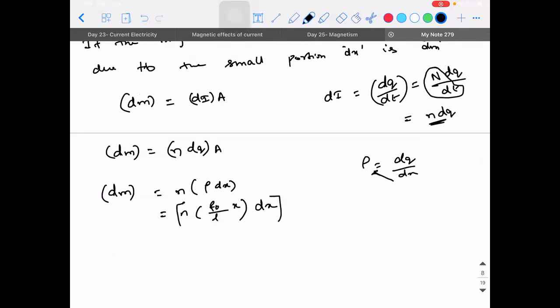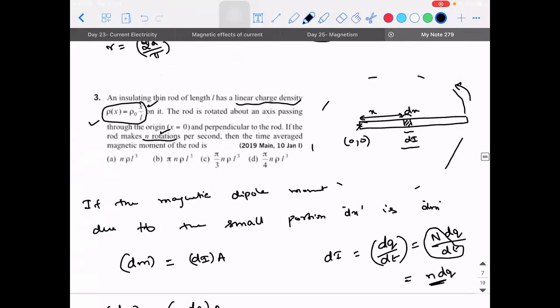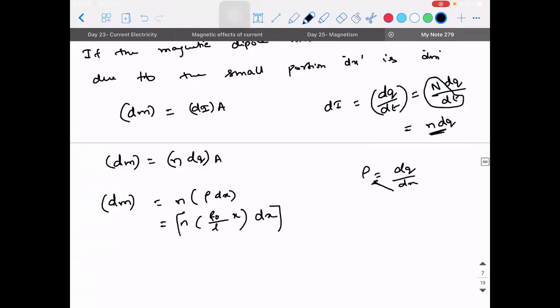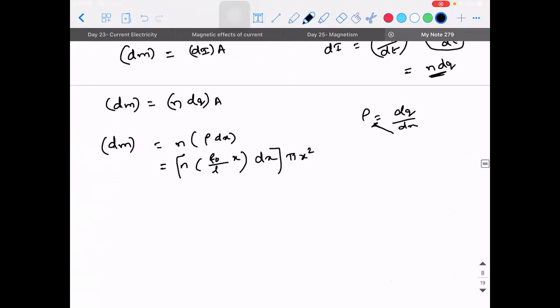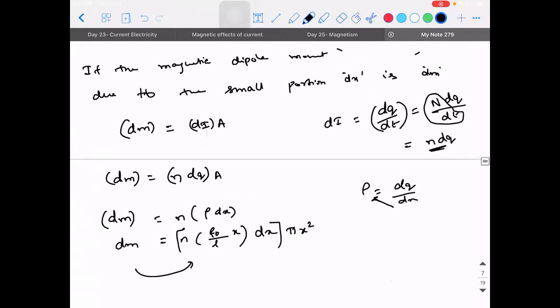This whole thing multiplied with, what is going to be the area swept by this small current carrying element? Is it not pi into x square? So dm is equal to this thing. Go through till this step. If there is any doubt, get it clarified.